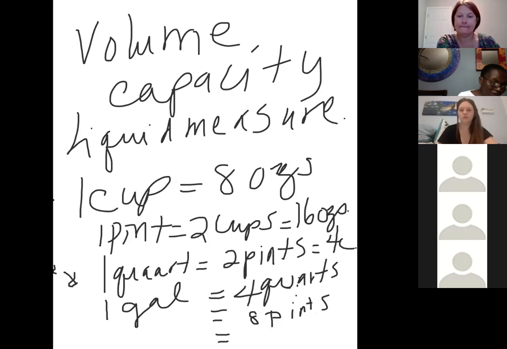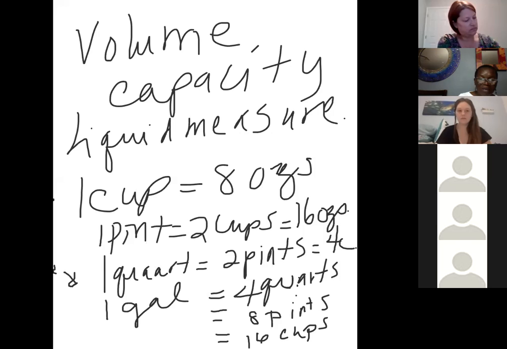And then last but not least, I'm trying to write it on here for some reason. It's not writing. Okay, there we go. 16 cups. And then last but not least, guys, remember 1 quart is 4 cups. And each pint basically represents 2 cups, which is 16 ounces. So if you have 8 ounces in 1 cup and a gallon has 16 cups, to calculate the number of ounces in a gallon, we would take 16 and multiply it by 8.